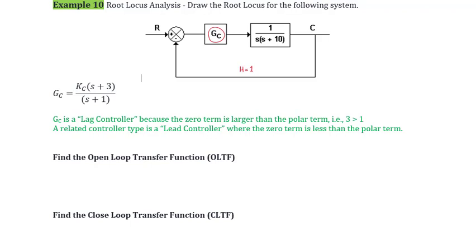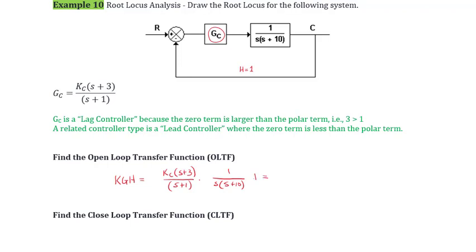So we'll start out with just finding the KGH, the open loop transfer function. KGH is equal to G sub C, which is K sub C times S plus 3 over S plus 1, times G sub P, which is 1 over S times S plus 10, times H, which is just simply a 1.